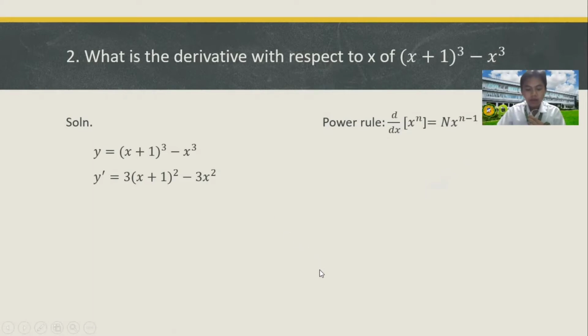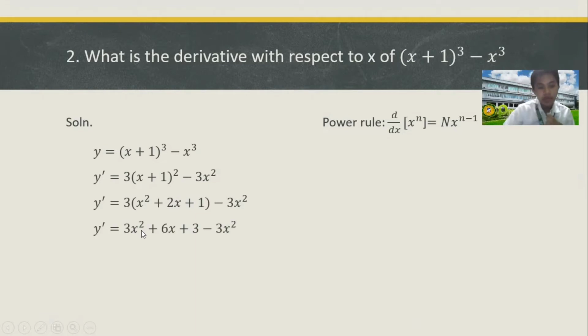Since we will find the derivative with respect to x, we will simplify the quantity of x plus 1 raised to the power of 2. We will have y prime is equal to 3 quantity of x squared plus 2x plus 1 minus 3x squared. And then multiply the 3.